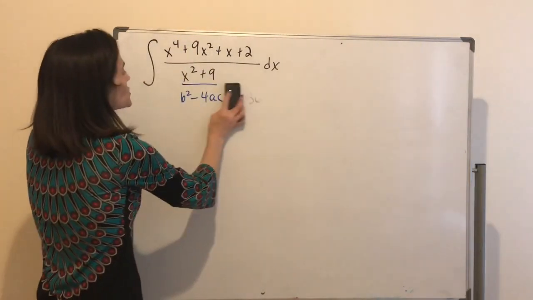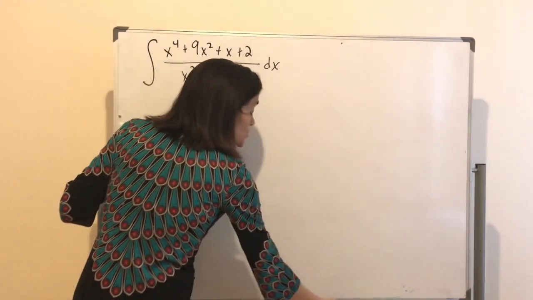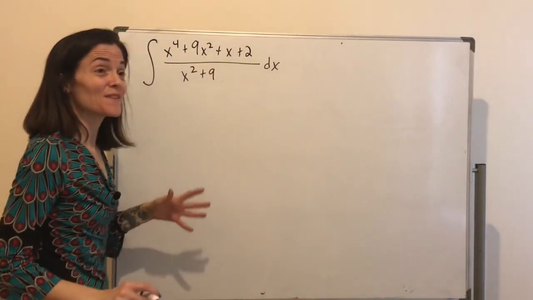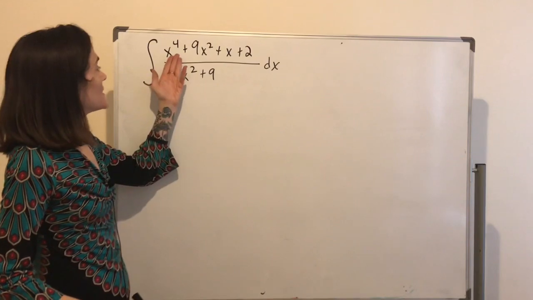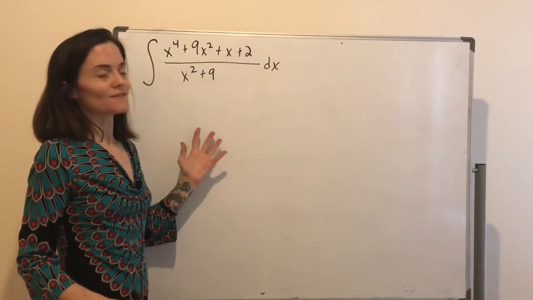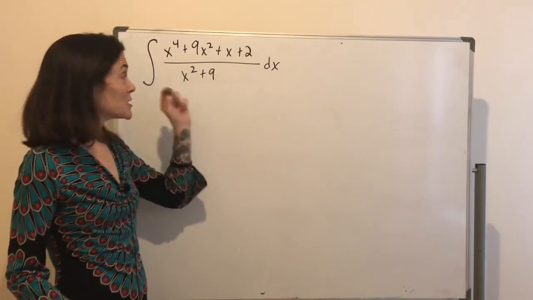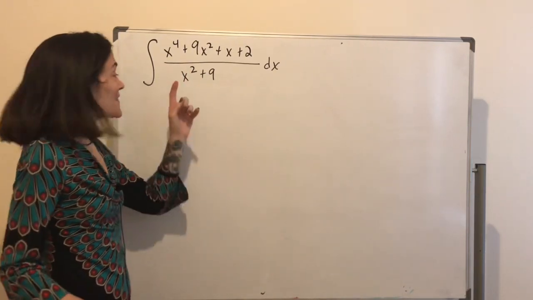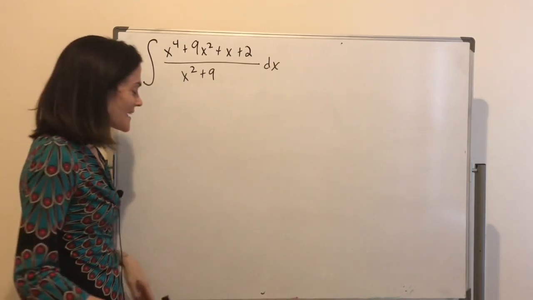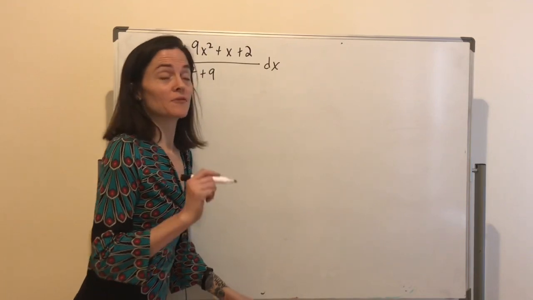But what I want to illustrate here is what you would do if you happen to have the degree of the numerator bigger than the degree of the denominator. So certainly this is a rational function, p of x over q of x, where p and q are polynomials, but the degree of the numerator is 4, the degree of the denominator is 2. This type of partial fractions really will come up in future classes.